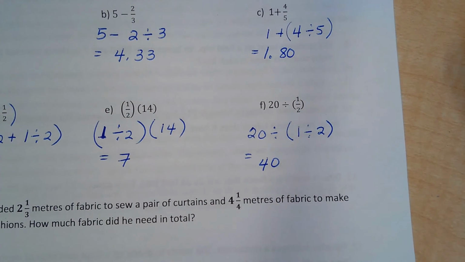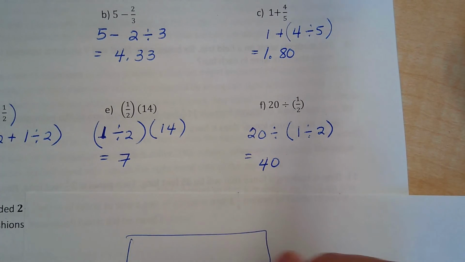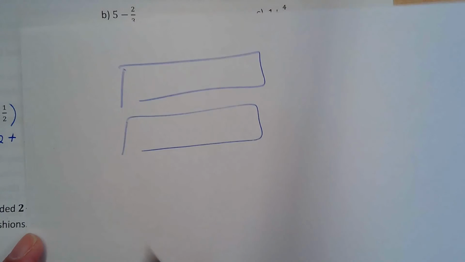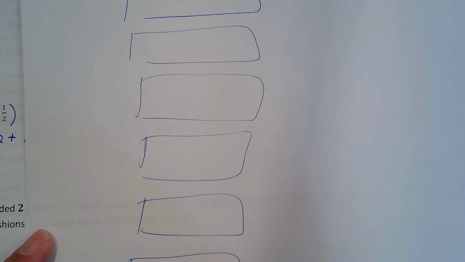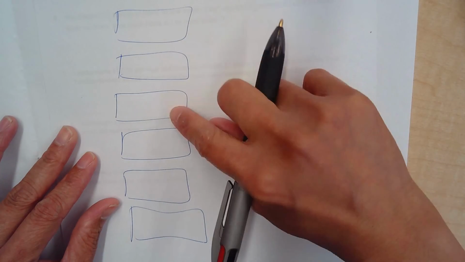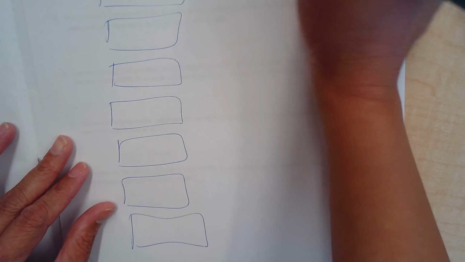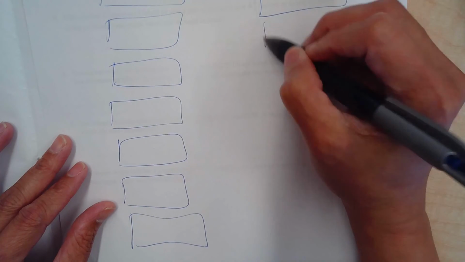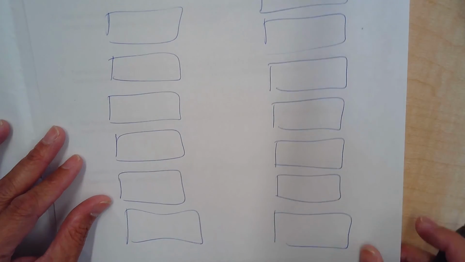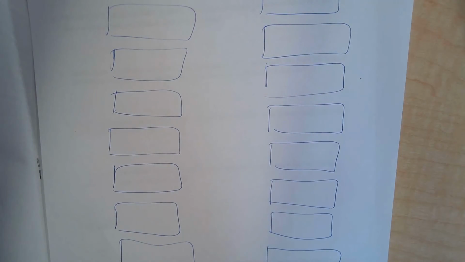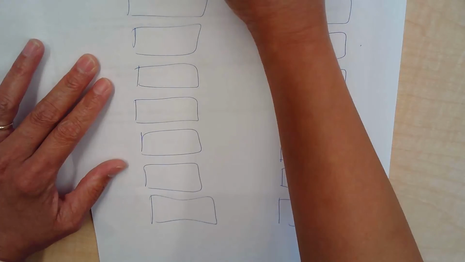So when I have 20 chocolate bars, there's 20 of them, and then each one, I cut into halves.